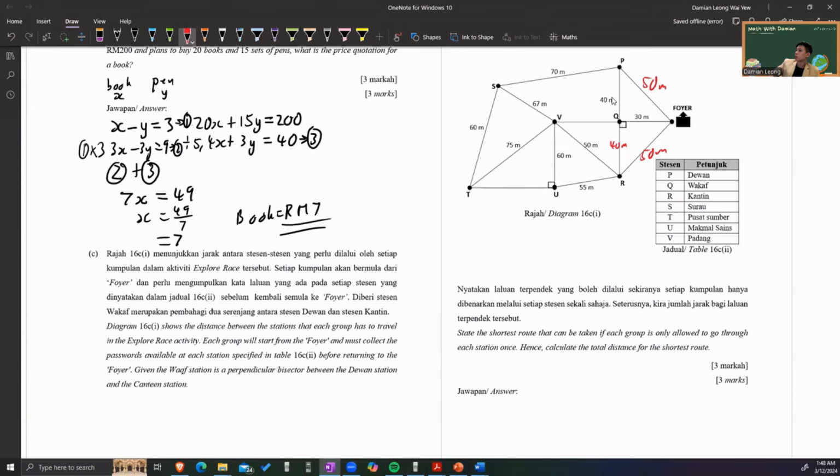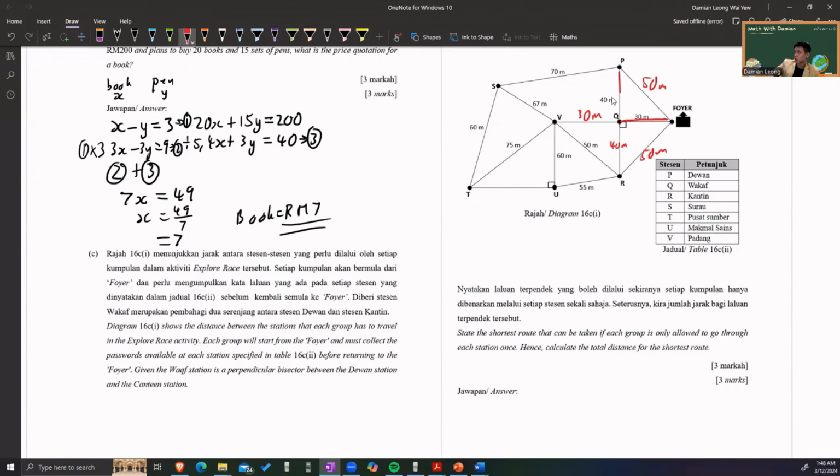So we look at how we can form a tree with the lowest weightage using this. QV is 30 meters. Yeah, Pythagoras theorem also.